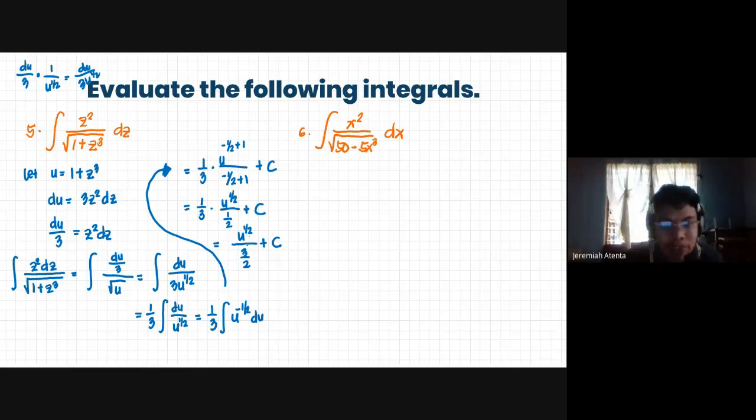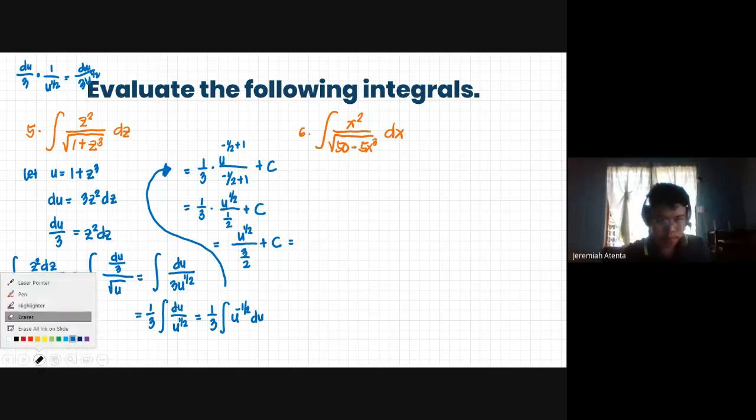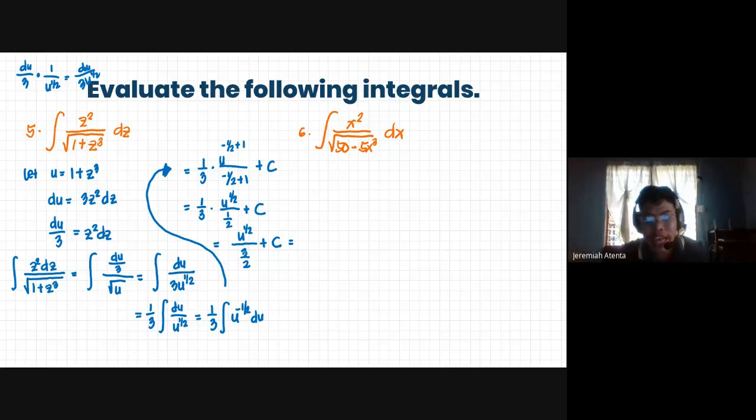So you have u to the 1/2 times the reciprocal of 3/2. That is 2/3. So you have 2 u to the 1/2 over 3 plus c. Okay ba? Kinuha lang natin yung reciprocal, ha, dividing fractions. So this is now equal to 2/3 times u to the 1/2.